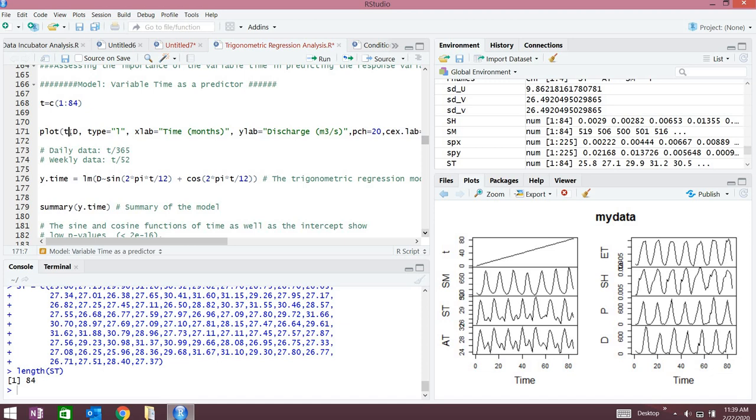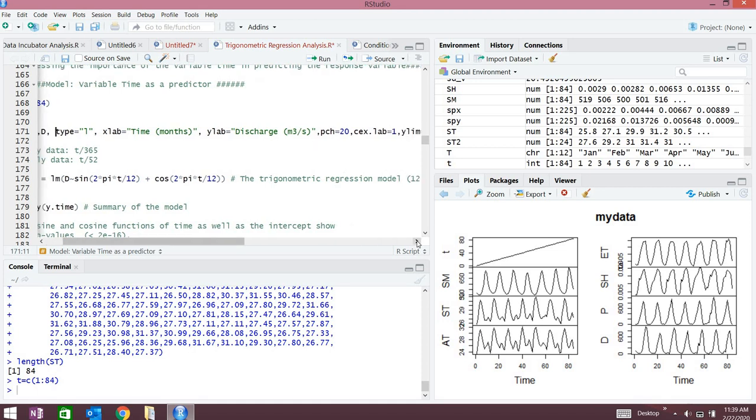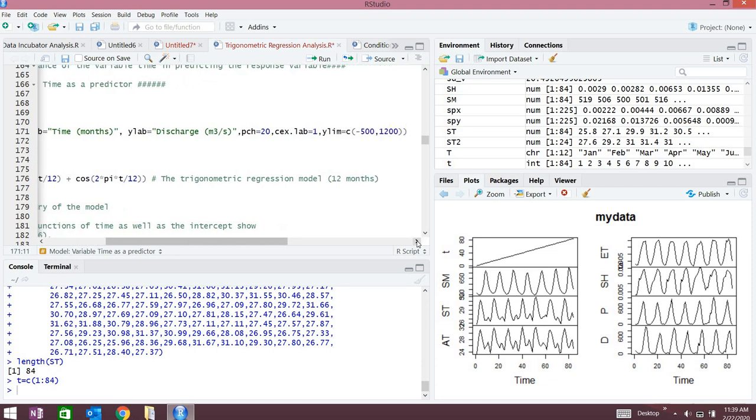We plot T against discharge, type L, X label is time, unit is month, Y label is discharge, unit is cubic meter per second, point character 20. One more thing I added here, which is important, is the Y limits. So I put the limits between minus 500 to 1200 because of the fitted values that go below 0.